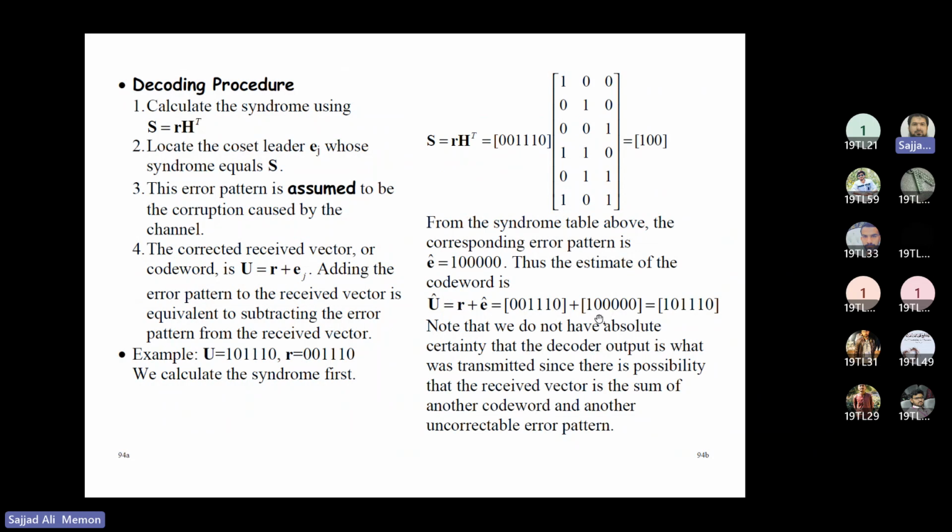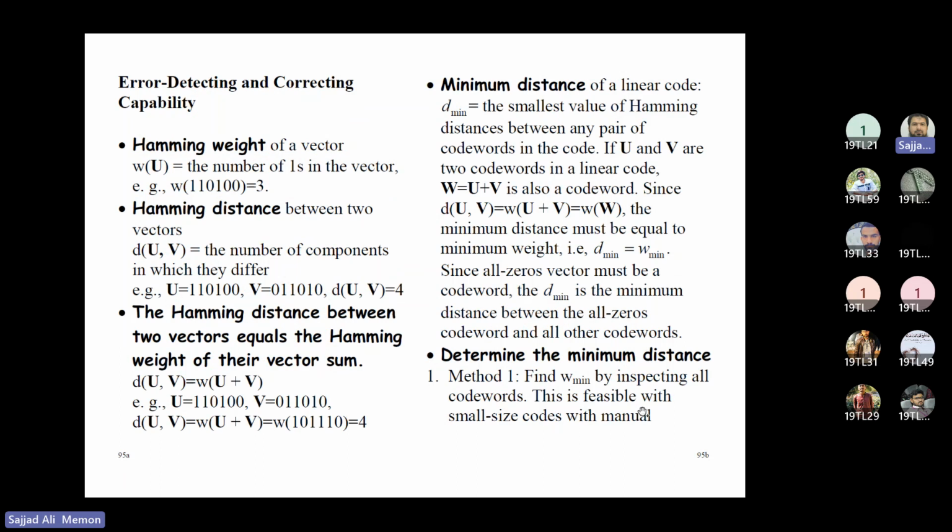When you subtract this error pattern from the received vector, you will have the code word 101110, and that is the same as what was transmitted. Note that we do not have absolute certainty that the decoder output is what was transmitted, since there is a possibility that the received vector is the sum of another code word and another uncorrectable error pattern.